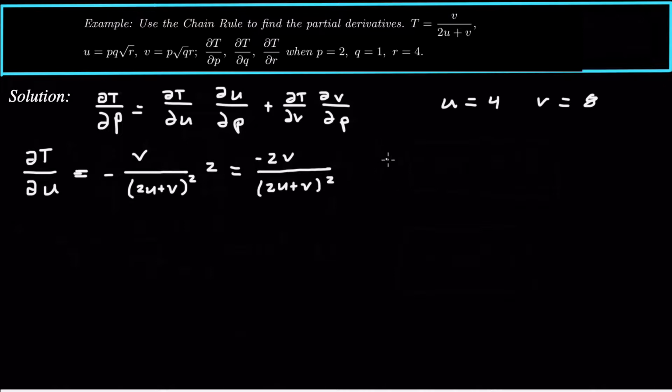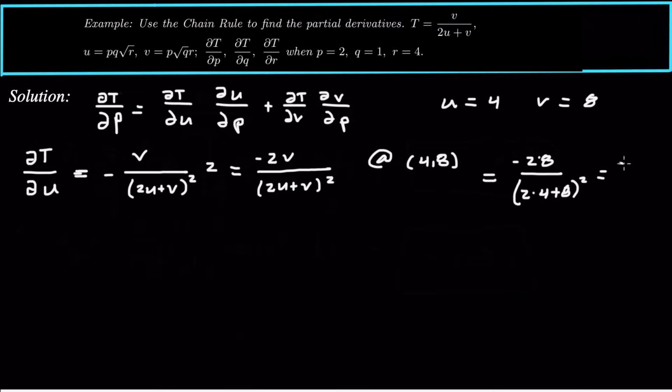So now evaluate this at 4, 8, and we get that this partial derivative, partial t, partial u at 4, 8 is equal to negative 2 times 8 over parentheses 2 times 4 plus 8 quantity squared.